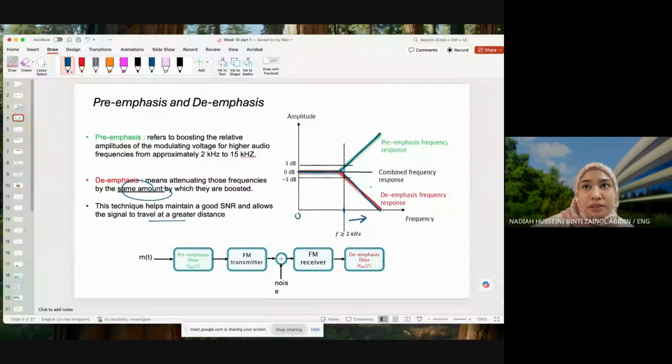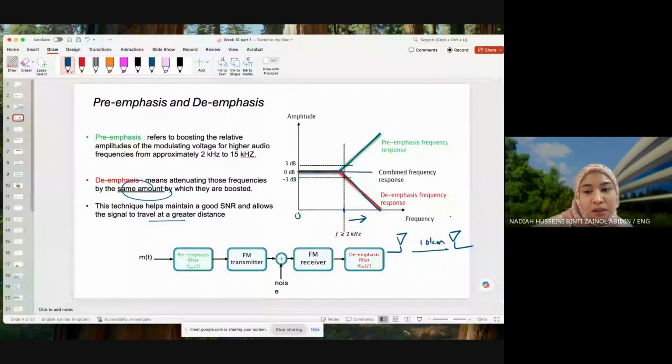So when our signal is distorted by noise, let's say you design your transmission to be 10 kilometers. It's quite short, but let's work with it. Let's say you design your system to transmit signal effectively within a maximum of 10 kilometers.